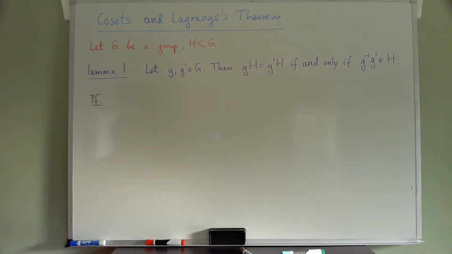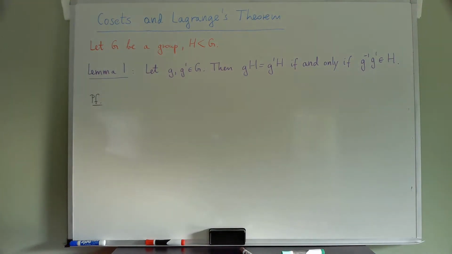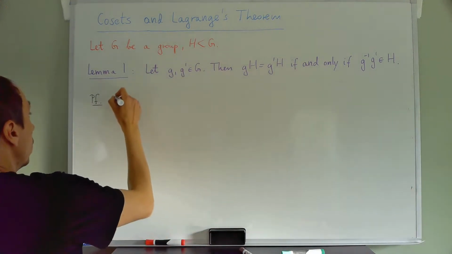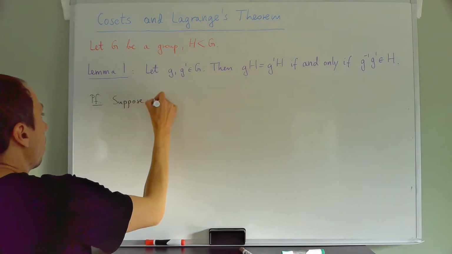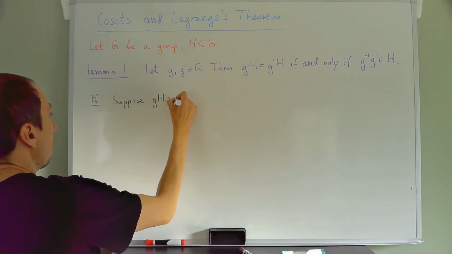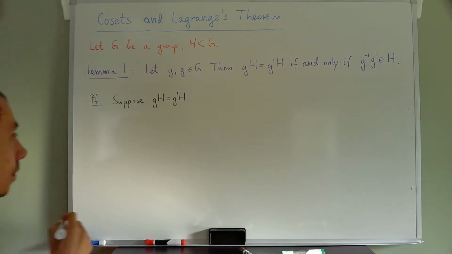So because it's an if and only if statement, I need to prove two directions, of course. So let's first suppose that the cosets are equal. What does that mean?